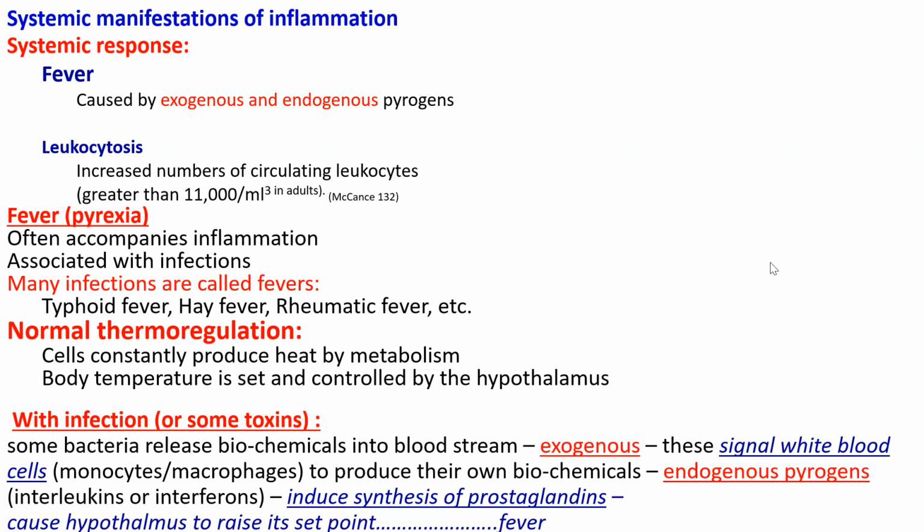So the normal thermal regulation is one in which cells constantly produce heat by metabolism. The mechanisms to lose heat are the dilatation of surface blood vessels, sweating, and perspiration. These are mechanisms to lose heat.